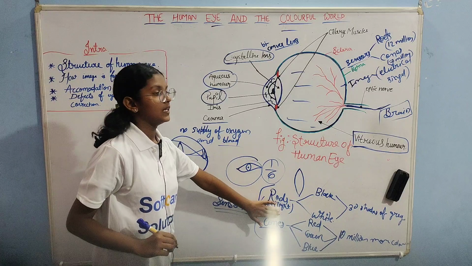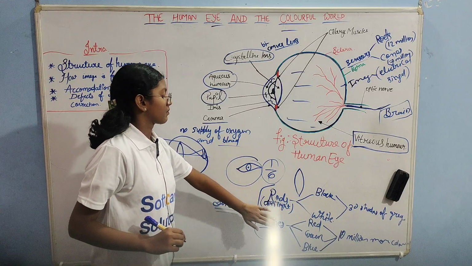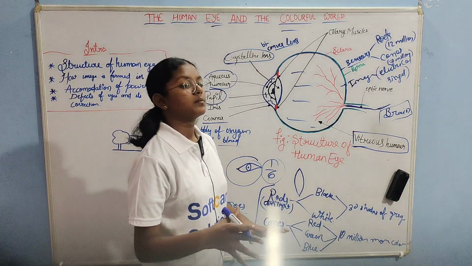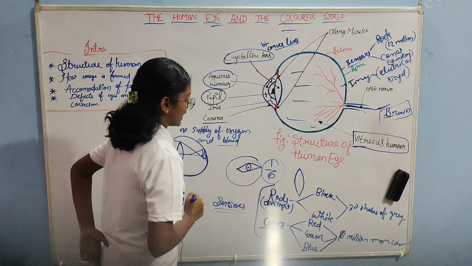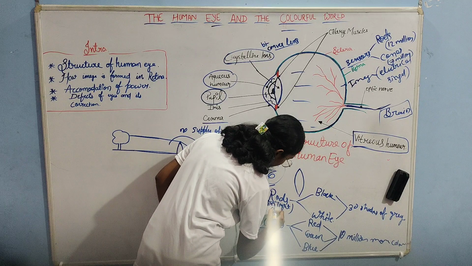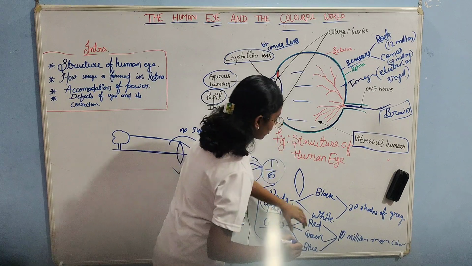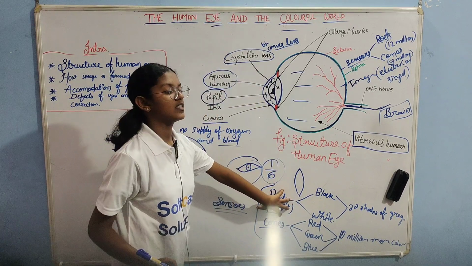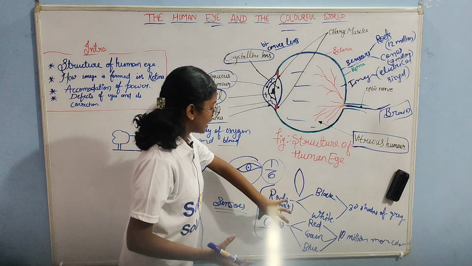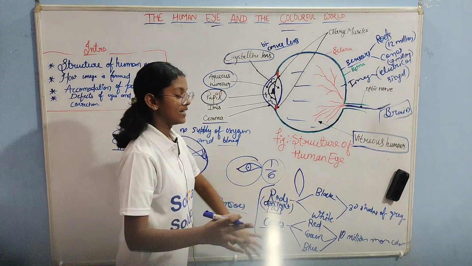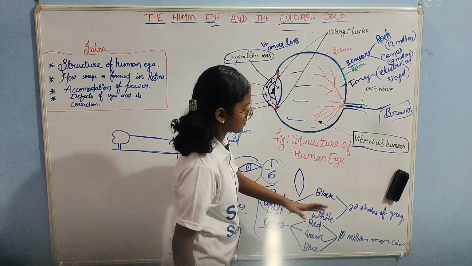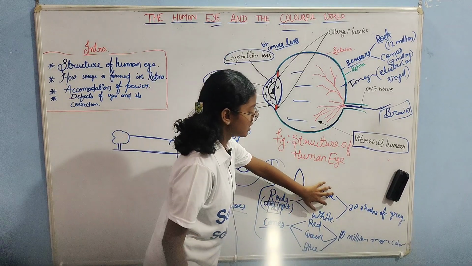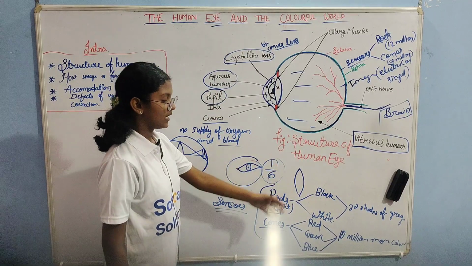For example, animals which find their prey at night, such as the owl, have more rods in their eyes, because they have to go outside and find their prey at night, and at night we are not able to see colors such as red, green, blue and others. We are only seeing black.